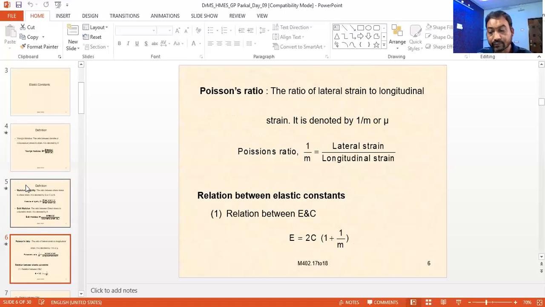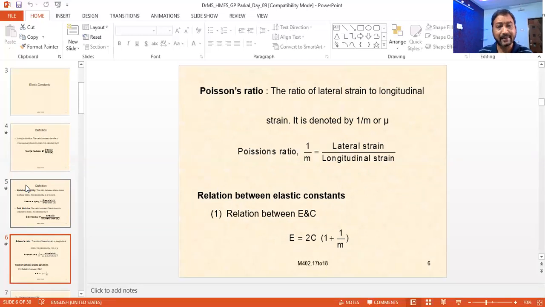Now the next one is Poisson's ratio. We have already studied this, but I am just repeating. Whenever a body is subjected to some kind of forces, it is subjected to two kinds of strains. One is called the linear strain, which is along the axis in which the force is applied, and it is also subject to the lateral strain.